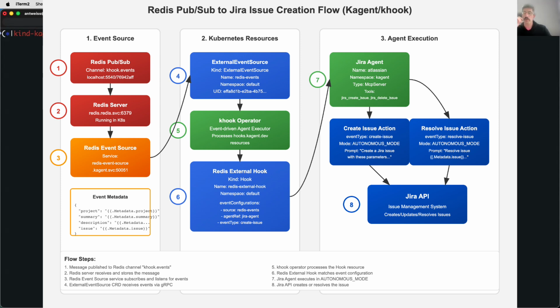So the flow we're going to show is there is a new message in Redis PubSub to create an issue, and there is a hook that defines that whenever an issue is created, a Jira agent should be called. Let me show that to you.